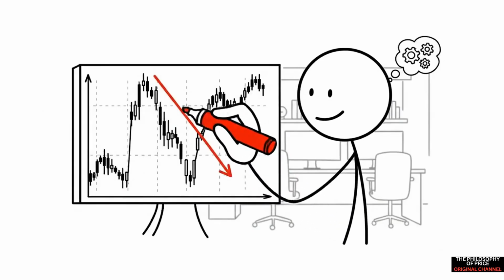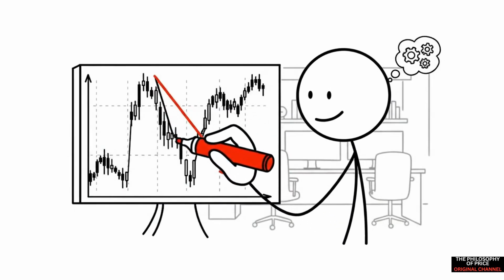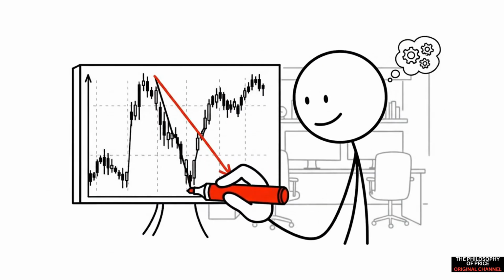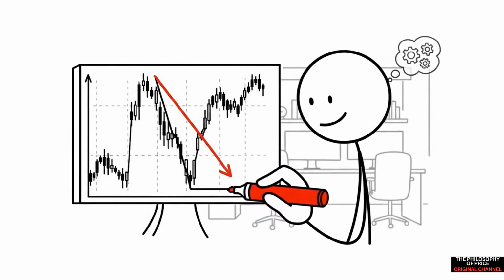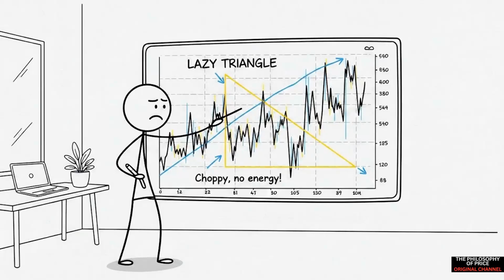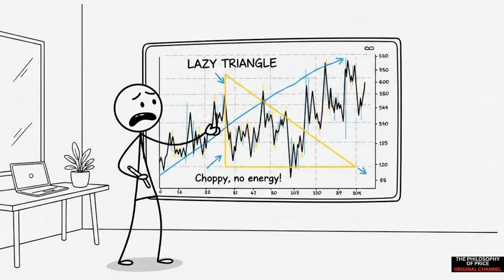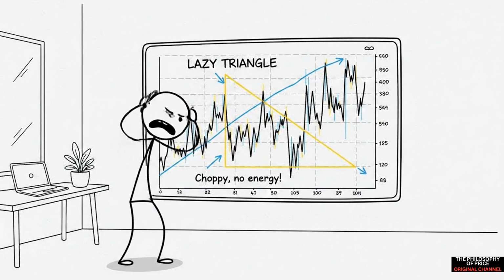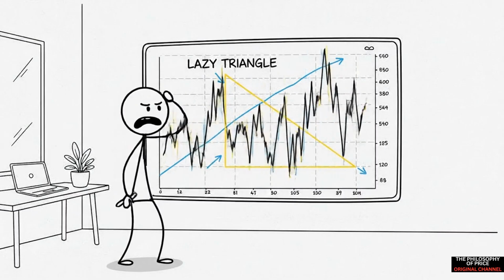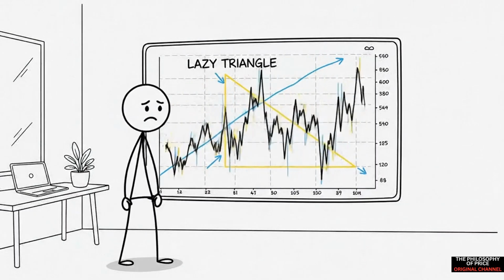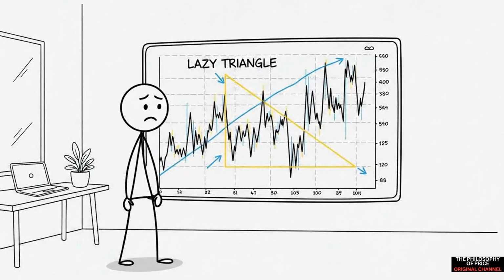Genuine compression manifests as smaller price swings and shorter wicks, indicating the market is tightening like a wound spring, accumulating energy. A lazy triangle, however, displays wide swings and long wicks without clear directional pressure, suggesting aimless, choppy movement rather than energy storage.